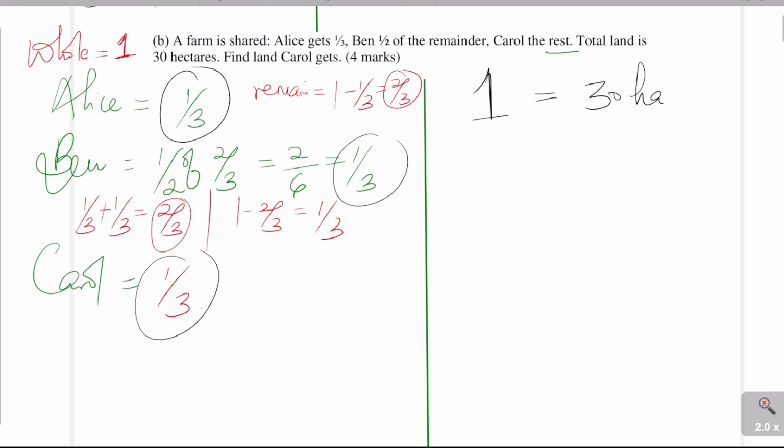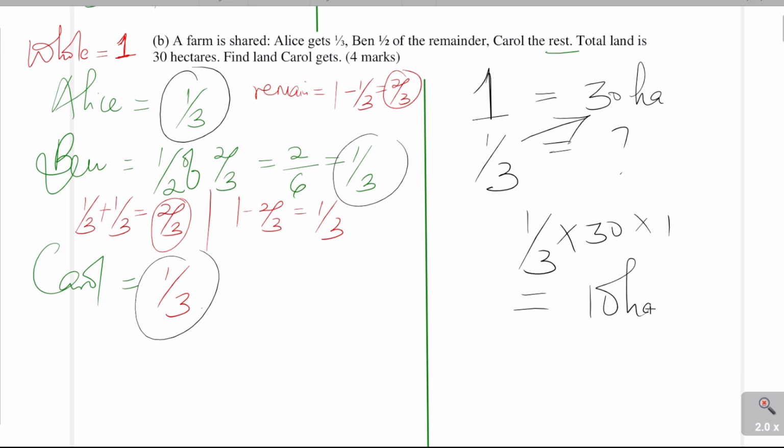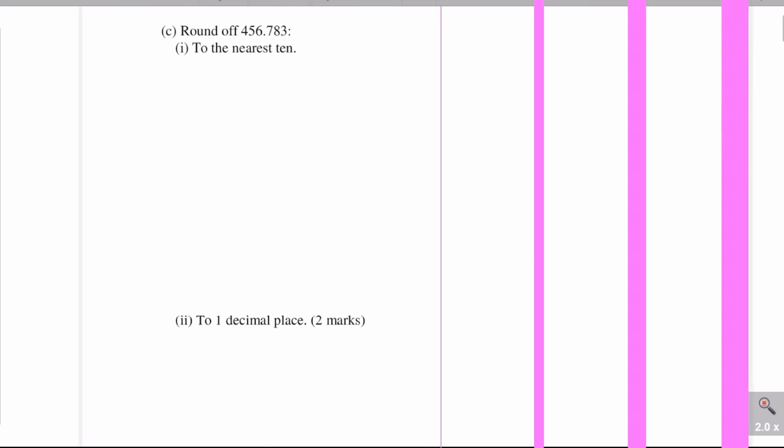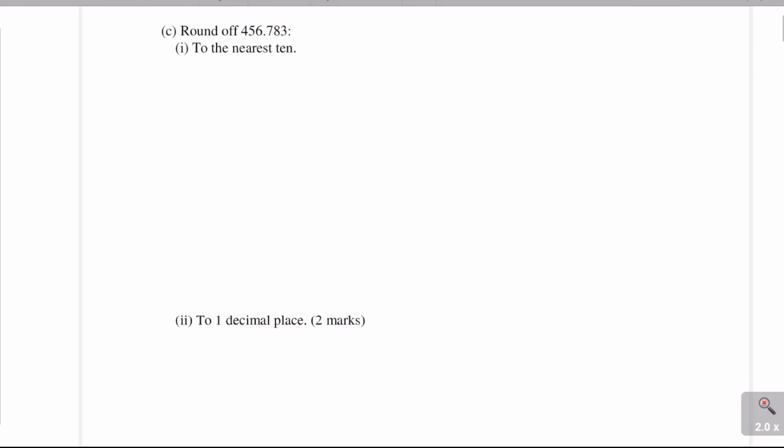So to find the land Carol gets, a third is what Carol got. So a third will represent what? You just cross multiply: a third times 30 times 1. So this will be 10 hectares.